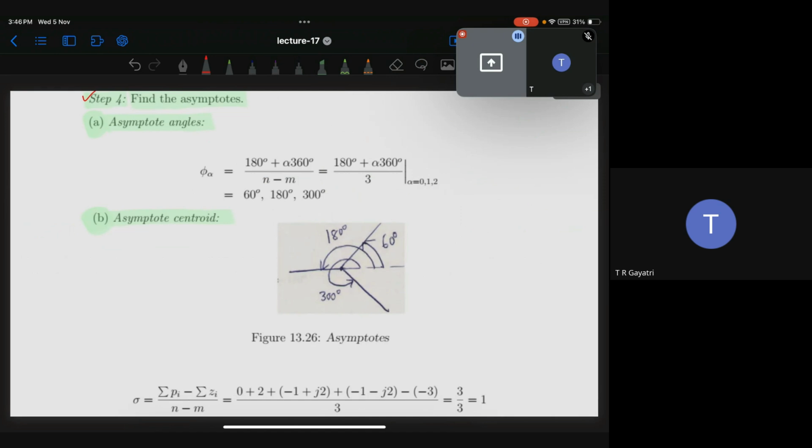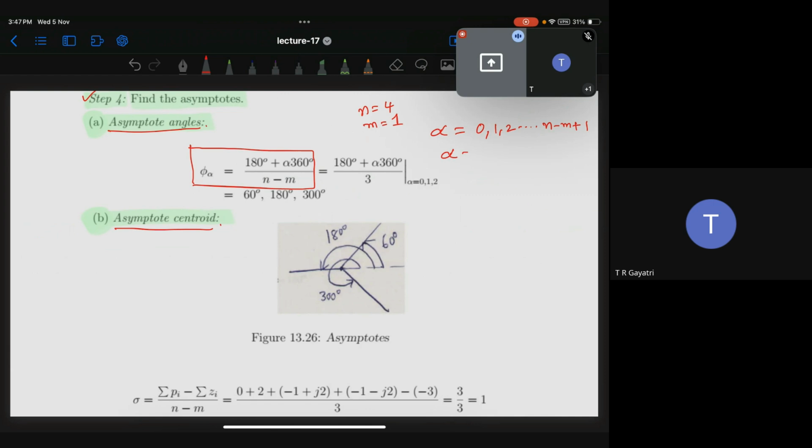Next, step 4. We will do 2 calculations: asymptotes and asymptotic centroid. Asymptotes is this angle, where alpha is 0, 1, 2, 3, etc. The formula has n minus m. What is n here? 4. M is 1.